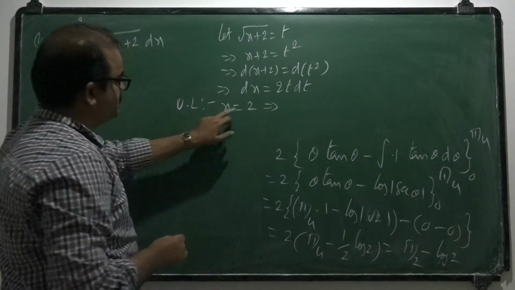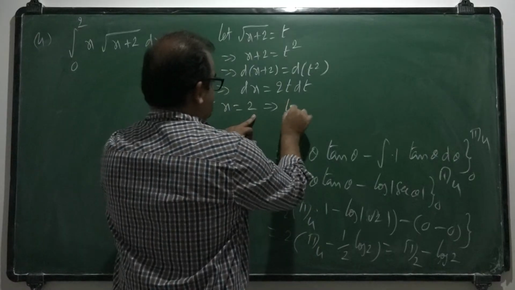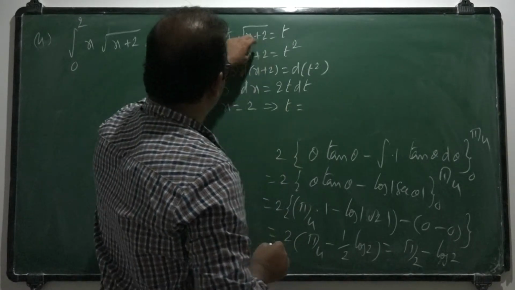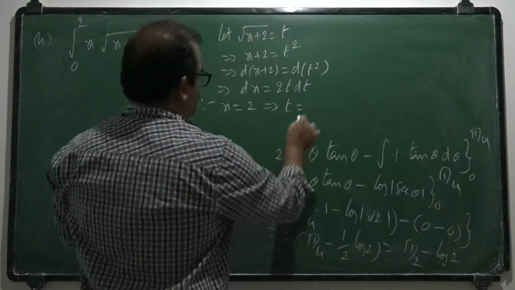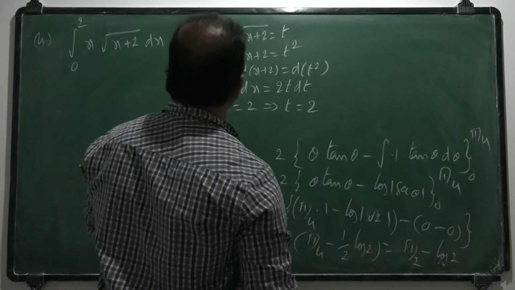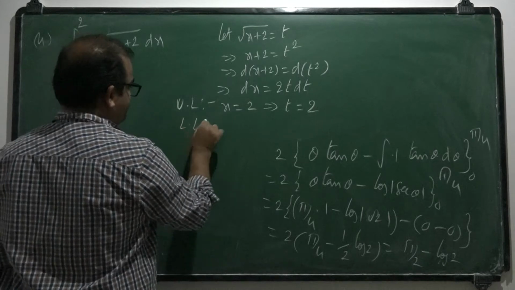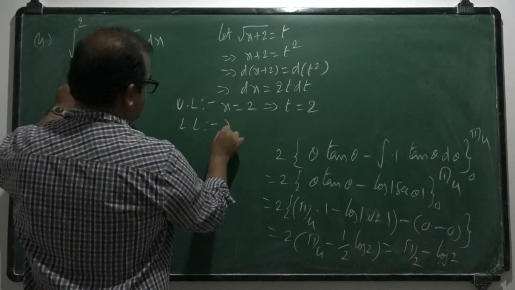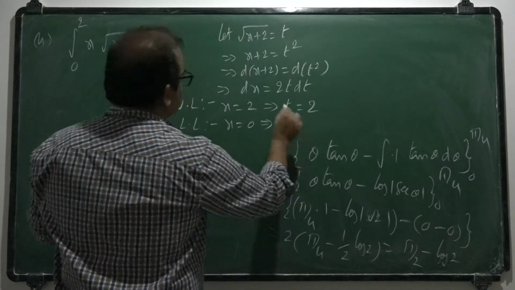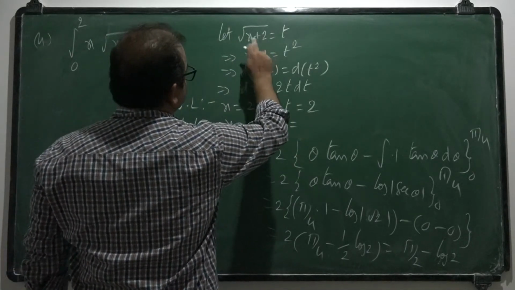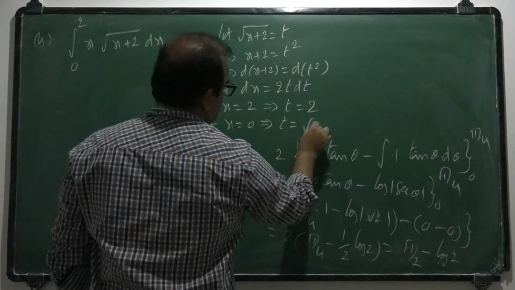When x is equal to 2, what is t value? See here, you put x is equal to 2. 2 plus 2, 4. Root 4, that is 2. Lower limit. Lower limit is x is equal to 0. When x is equal to 0, t value 0 plus 2, 2, t is root 2.